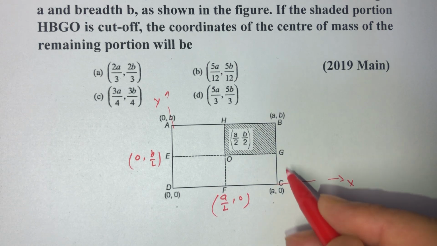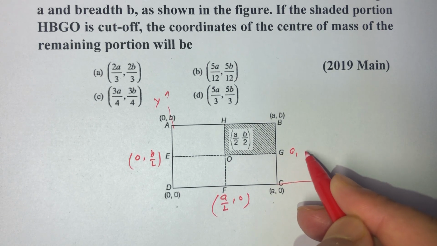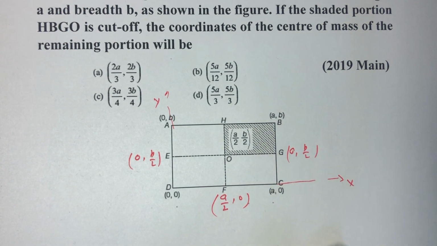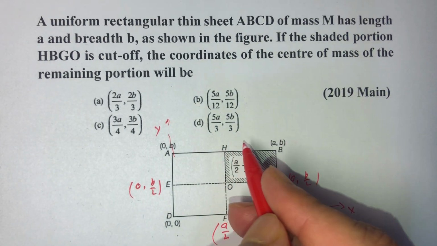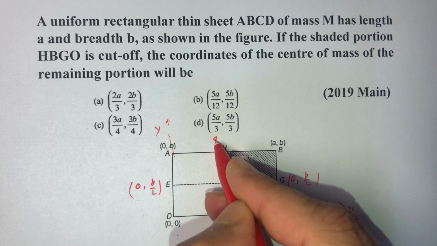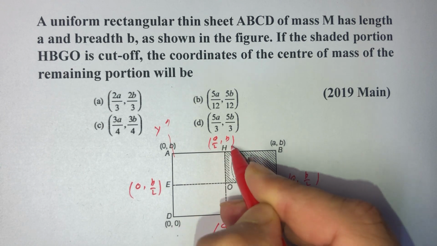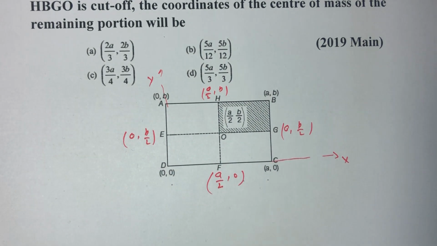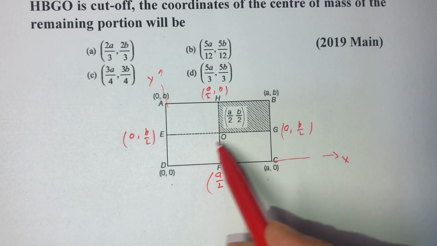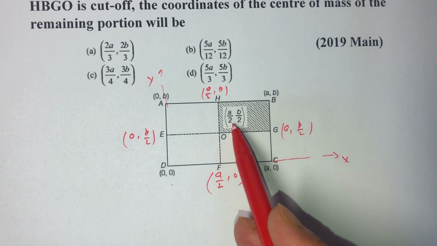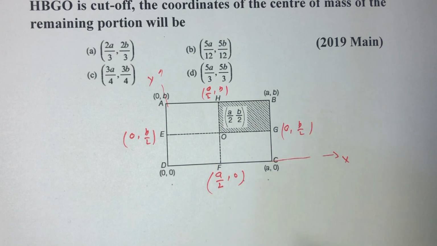Therefore we can also say that G will be A and B by 2, and H we are going to get as A by 2 and B, and the O coordinate, which is the center of gravity for this entire sheet, is given by A by 2 and B by 2.